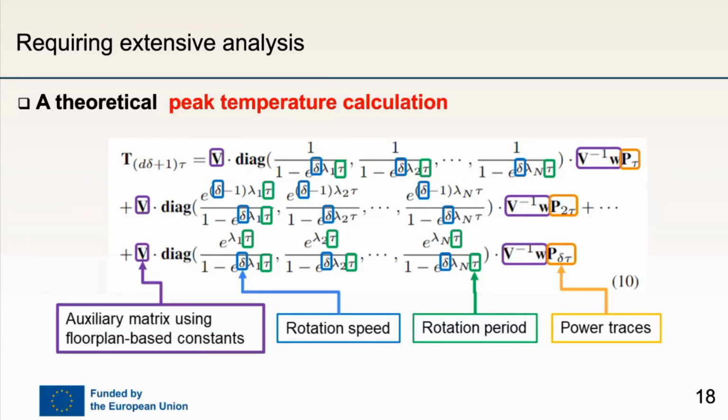While this analytic model can work well in specific scenarios, it has significant limitations. It requires extensive pre-analysis of each floor plan and workload, making it inflexible for dynamic workloads or real-time adjustments.